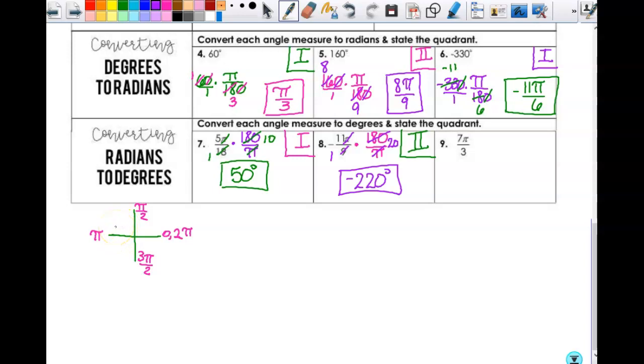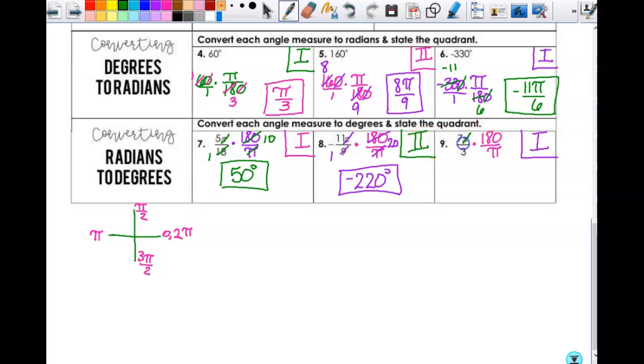All right, so then 7 pi thirds. All right, well, in pi thirds, this is 3 pi thirds, right? All the way around is 6 pi thirds. So 7 pi thirds is quadrant 1. Okay. So now I multiply this by 180 over pi.